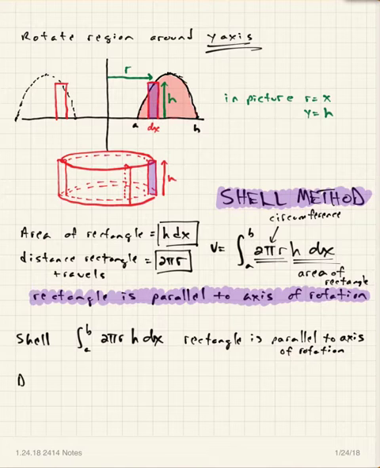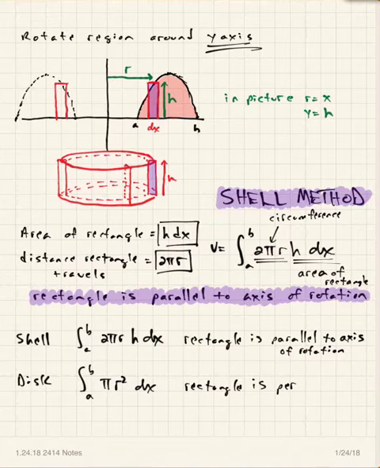The disk method, the general form would be the integral from a to b of pi r squared dx. And in this case, the rectangle is perpendicular to the axis of rotation.